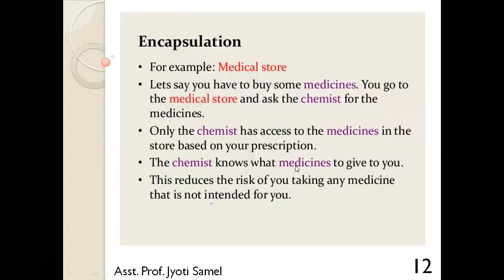So what we are finding here is, for example, when we require some medicine, we go to the medical store. Let's say we want to buy some medicine. We go over there and ask the chemist for the particular medicine.